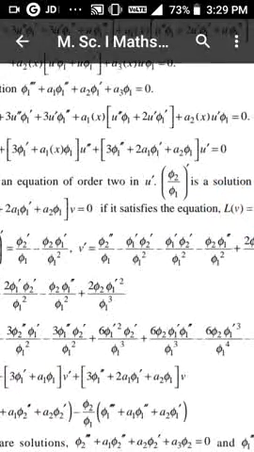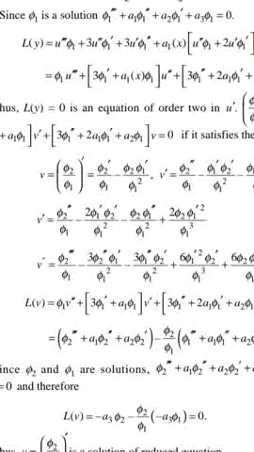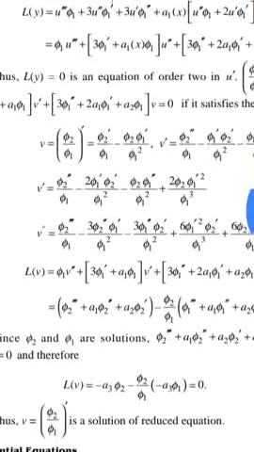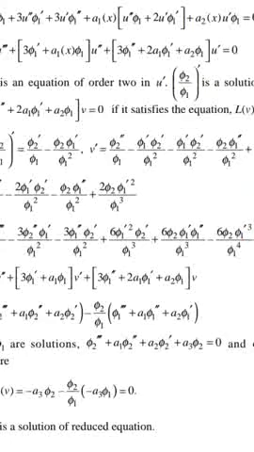L of y is equal to u triple dash phi 1 plus 3 u double dash phi 1 dash plus 3 u dash phi 1 double dash plus a1 of x u double dash phi 1 plus 2 u dash phi 1 dash plus a2 of x u dash phi 1 is equal to 0, which is equal to phi 1 u triple dash plus 3 phi 1 dash plus a1 of x phi 1 u double dash plus 3 phi 1 double dash plus 2 a1 phi 1 dash plus a2 phi 1 u dash is equal to 0.